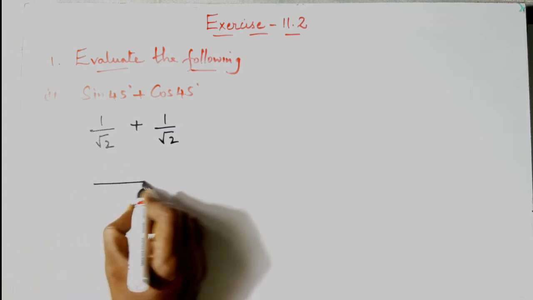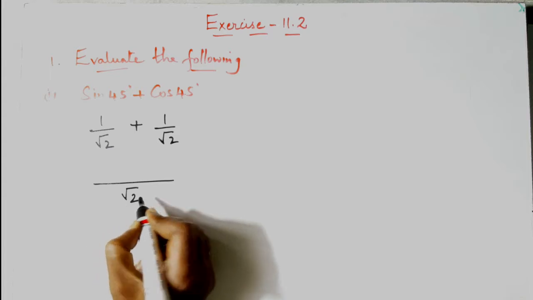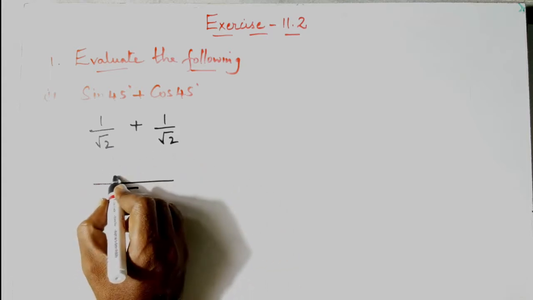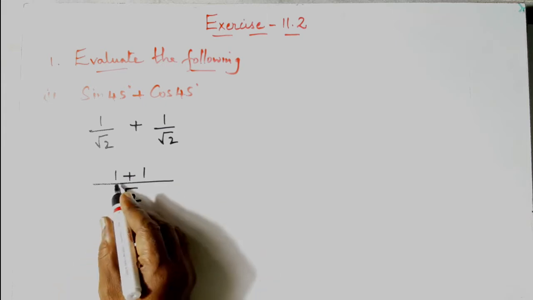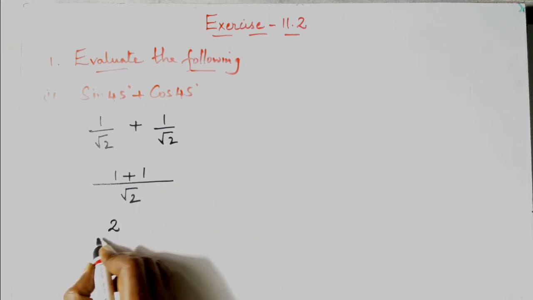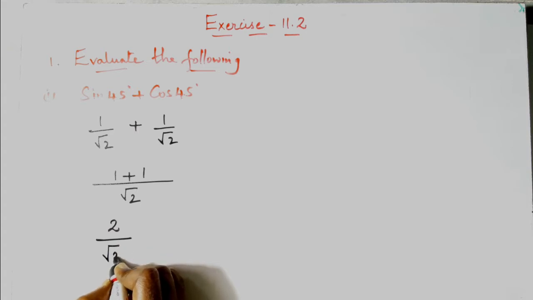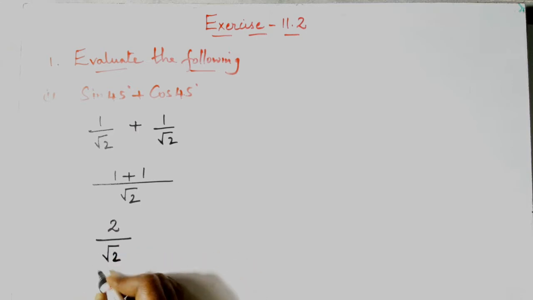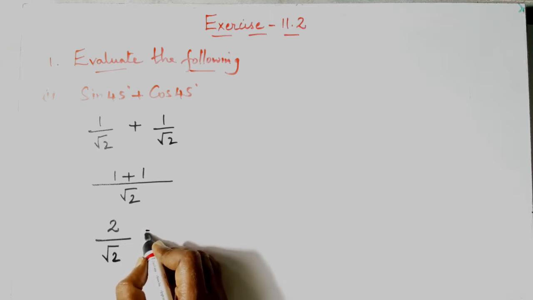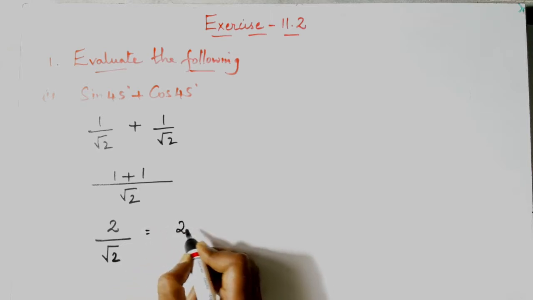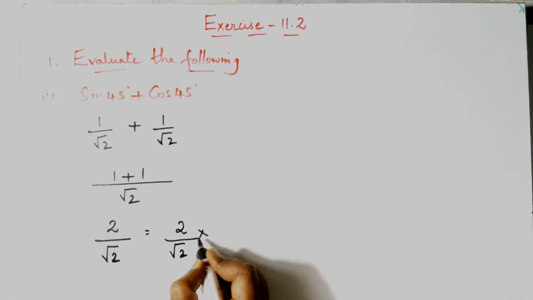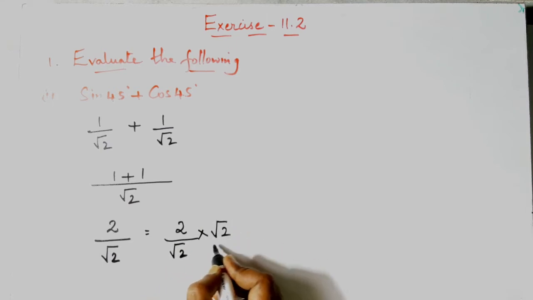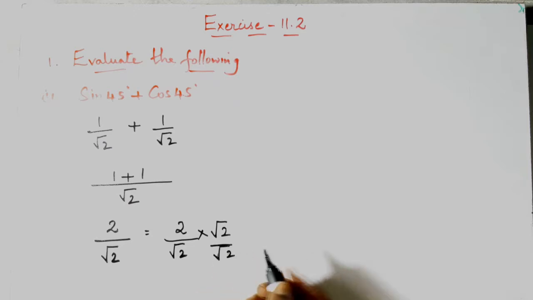Now take the LCM, which is root 2. So the denominators are equal, you add the numerators as it is. What is 1 plus 1? 2, so 2 by root 2. Now if there is an irrational number in the denominator, you have to rationalize the denominator by multiplying root 2 into root 2.